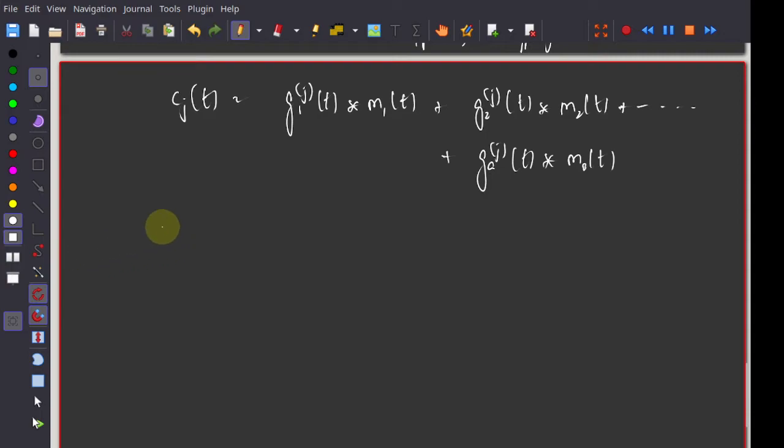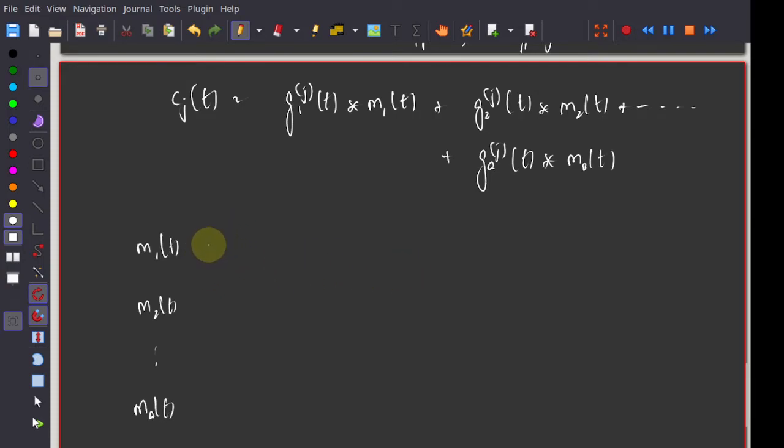So you can view this as a series of filters. Let's say I have M1 of t, M2 of t, up to MA of t.